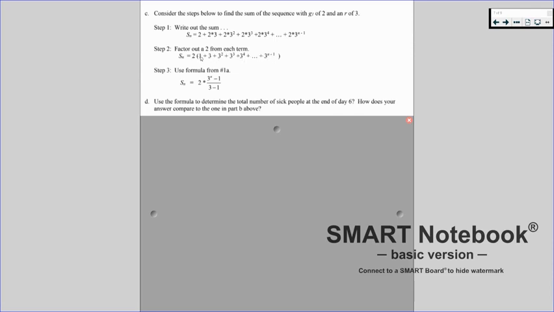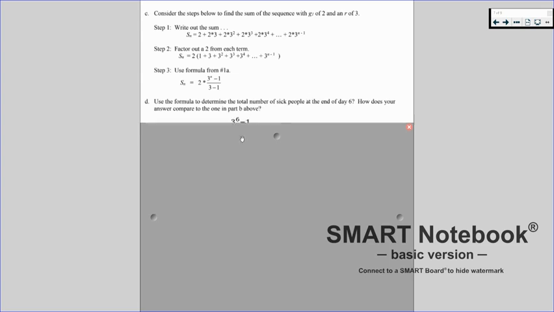We just found it back on the very first part of the activity. So this part in parentheses is really this formula right here. So all we're doing is taking out the 2 and using the formula that we found back on number 1.